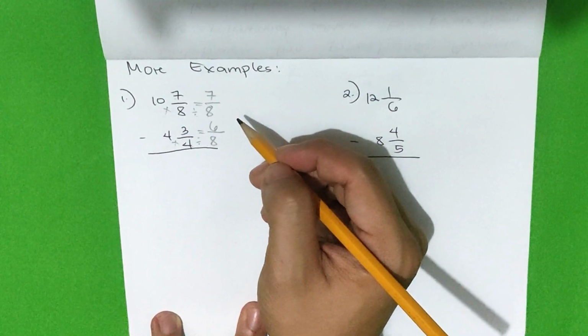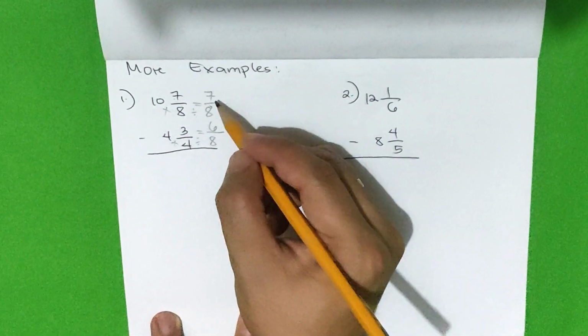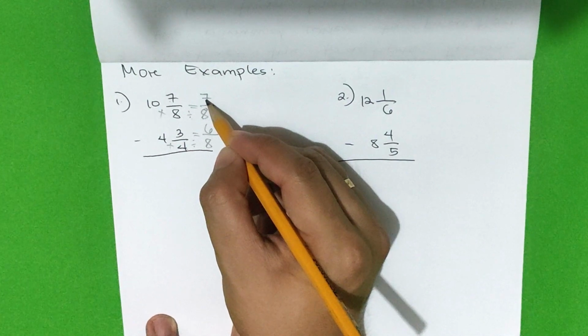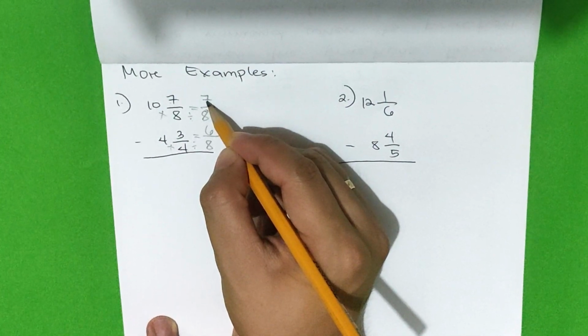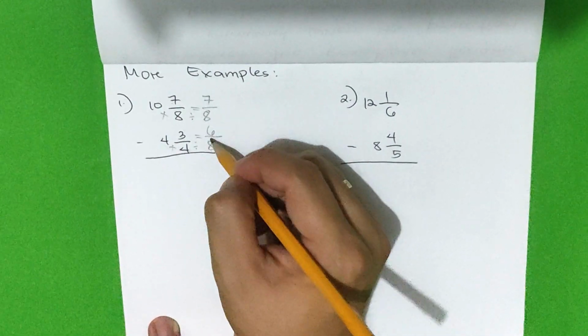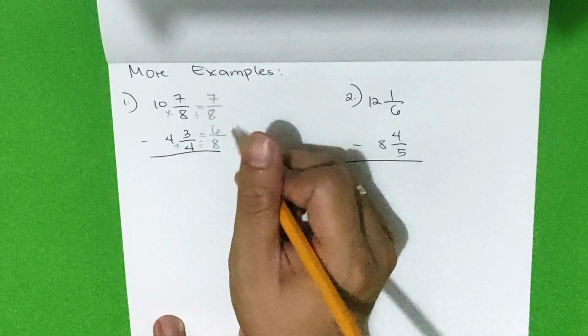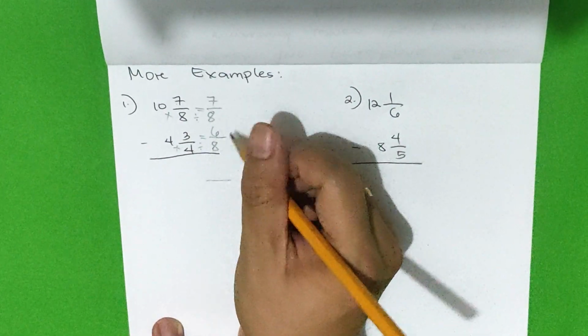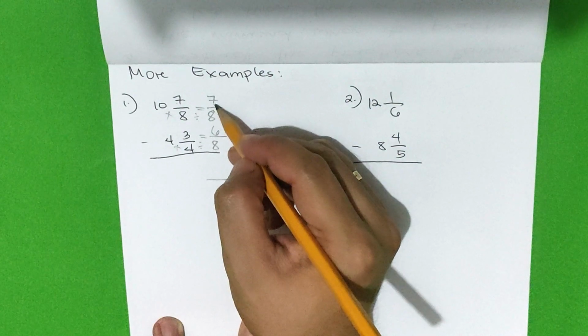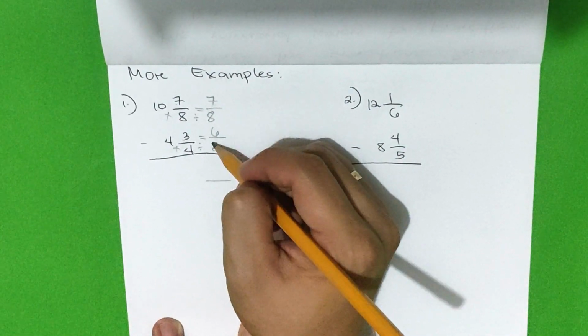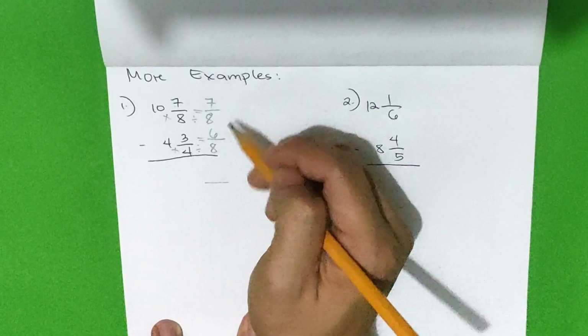number 6. So, since our minuend is greater than the subtrahend, we can now proceed to the subtraction of the numerators.